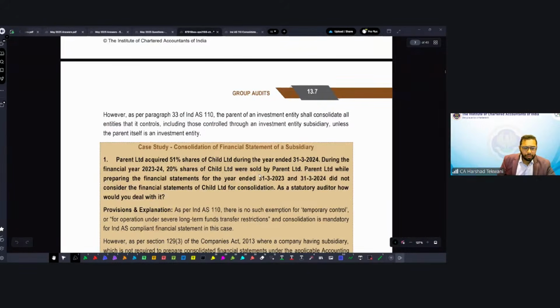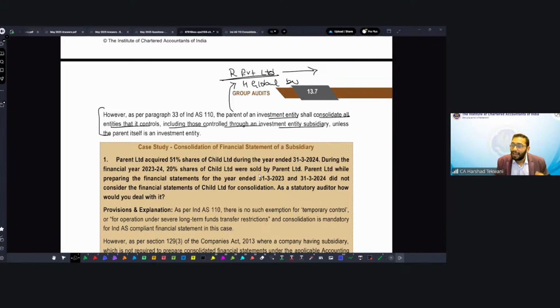Yes, sir. Paragraph 33 of Ind AS 110: a parent of an investment entity shall consolidate all entities that it controls, unless... Now, the parent of the investment entity, see, in our example, R Private Limited was the investment entity. The parent of the investment entity, that is H Global BV. Let's say if it was not H Global BV but another Indian entity, then that Indian entity was required to consolidate all entities, including those controlled through an investment entity.